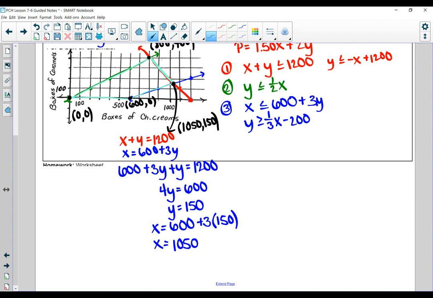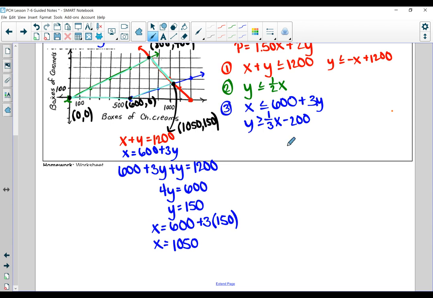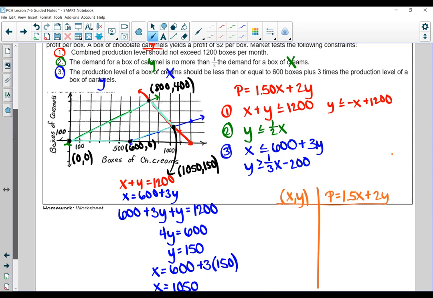All right, now that we've found all of our vertices, now we have to go ahead and actually optimize and find the maximum. Which one of these combinations is going to give us our maximum profit? So I'm going to make my table. I'm going to make my max profit with my optimization equation, which was 1.5x plus 2y.